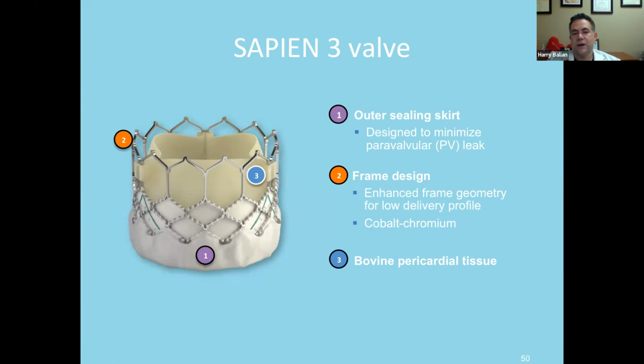Otherwise, it would contract and the valve would embolize. So we disable the LV by making it beat so fast that it stuns the LV, almost like the patient having a fibrillation. Then we're able to deploy the valve successfully, and then we disconnect the temporary pacemaker, and the heartbeats are back to normal.